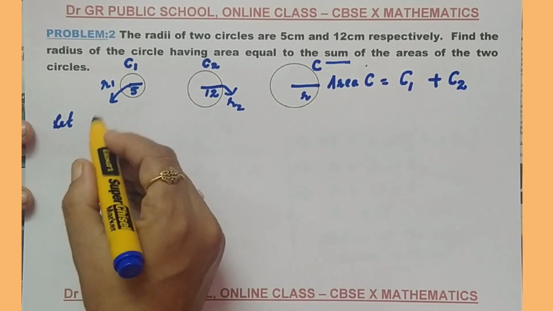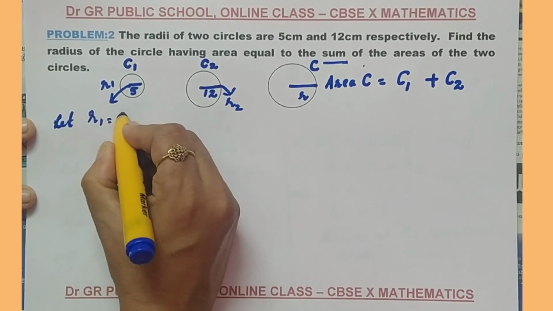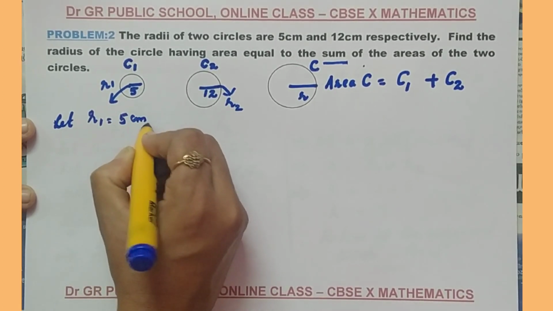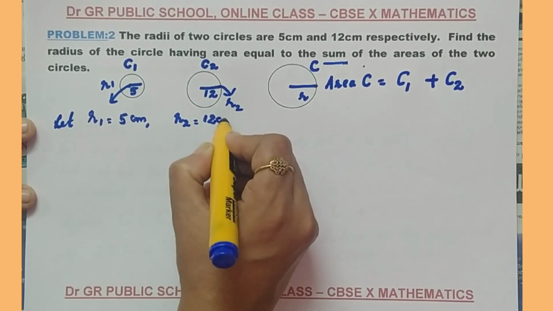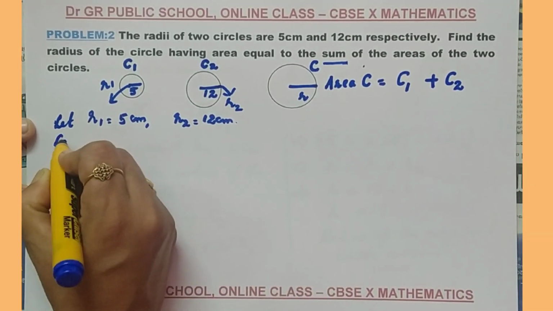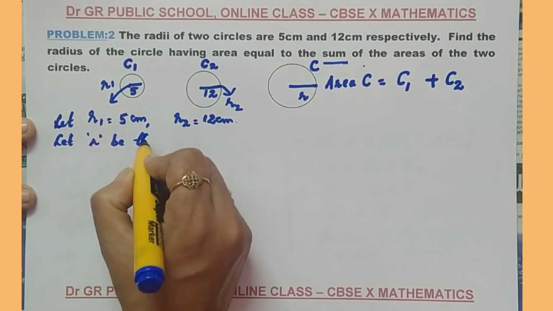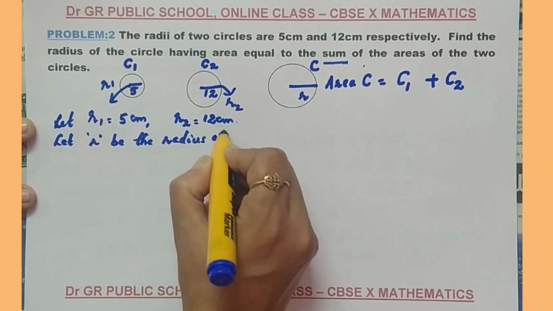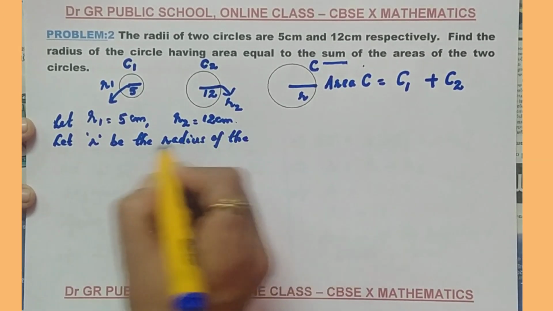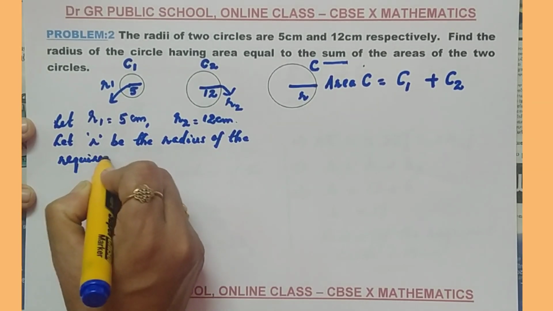Let R1 be 5 cm and R2 be 12 cm. Let R be the radius of the required circle.